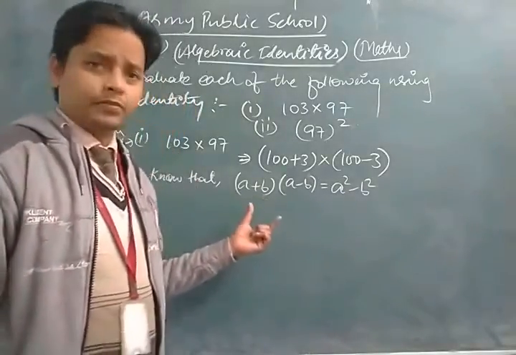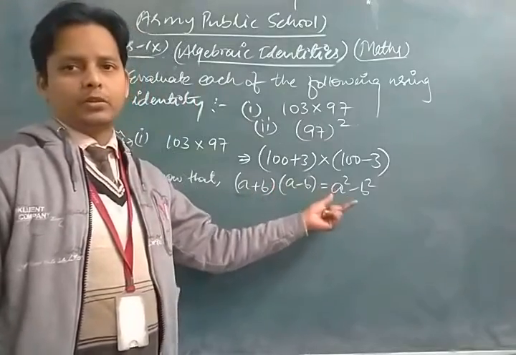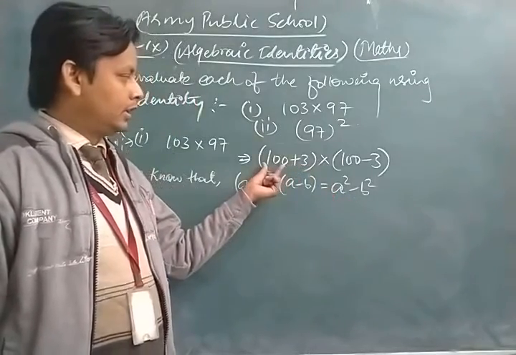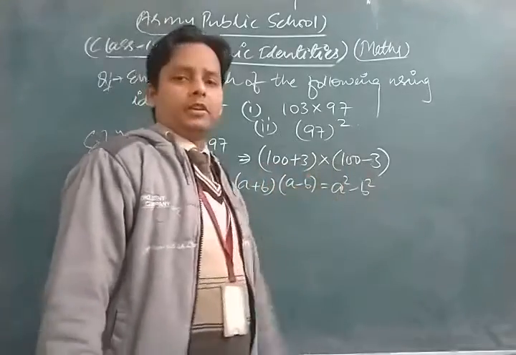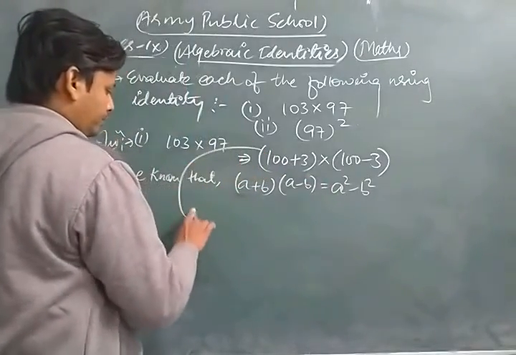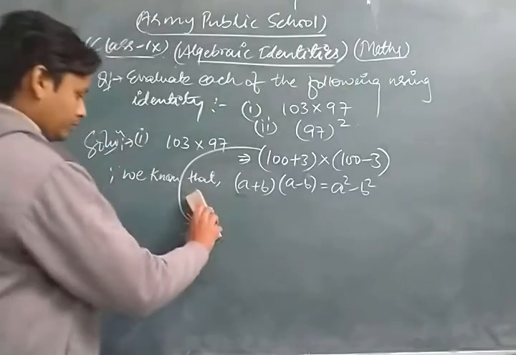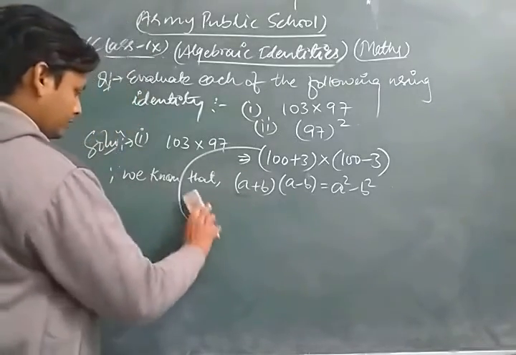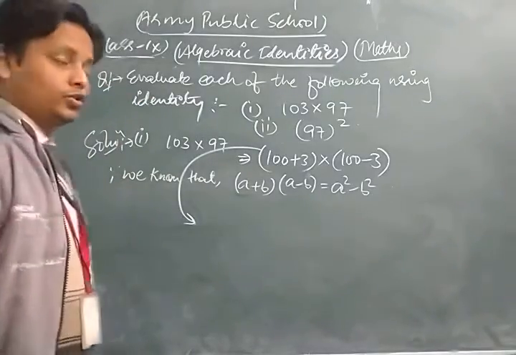We can write this: (a plus b)(a minus b) is equal to a square minus b square. So now look here, this is of the form a plus b into a minus b.